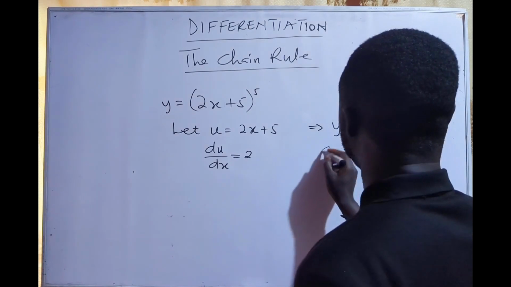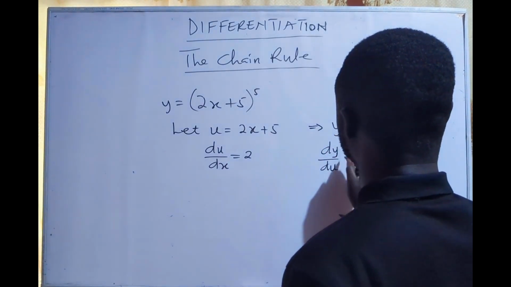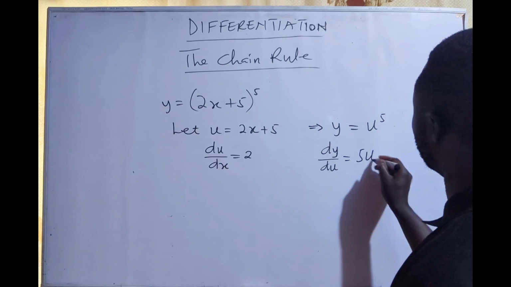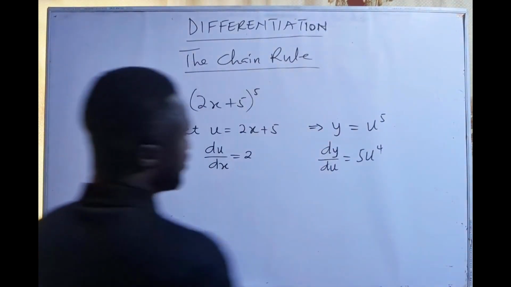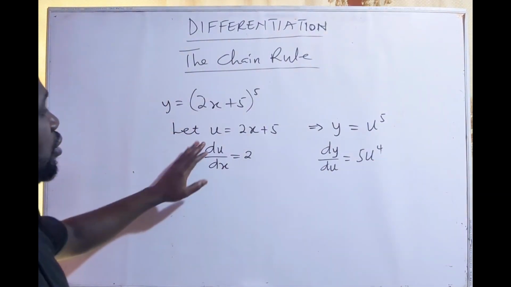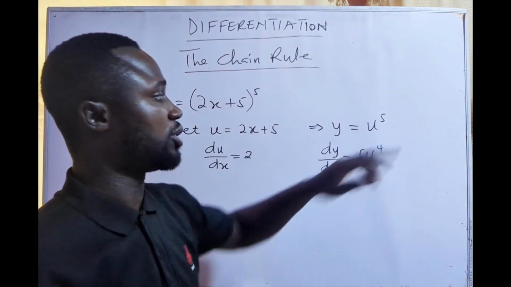Then when I differentiate y with respect to u, that will be 5u, subtracting 1 from the exponent, 5u exponent 4. So du over dx is 2, and dy over du is 5u exponent 4.